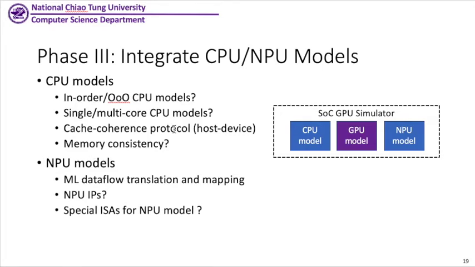So we raise some challenges we might have on the CPU model and NPU model during the integration. For example, for single or multiple GPUs, or even the cache coherence protocol in the host and device heterogeneous architecture, should we support memory consistency?